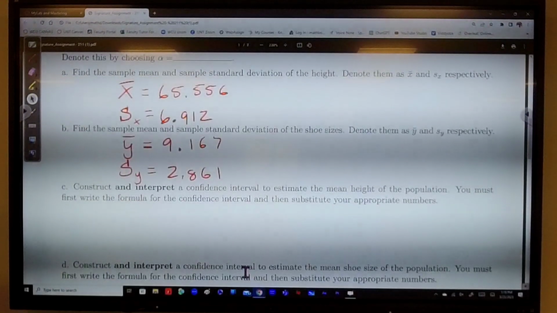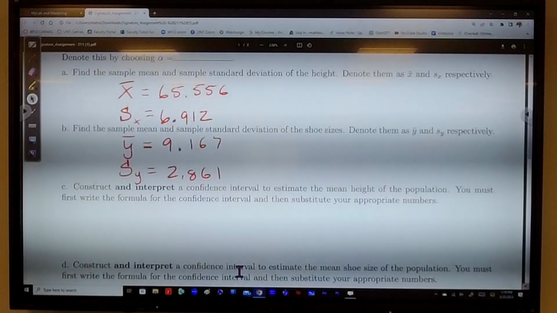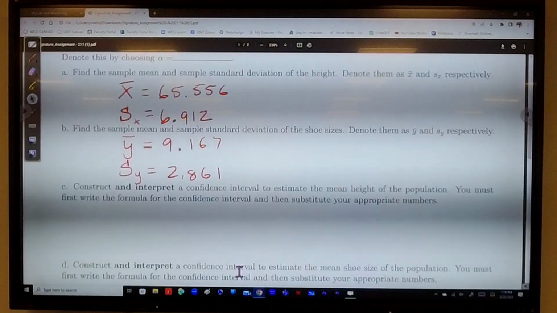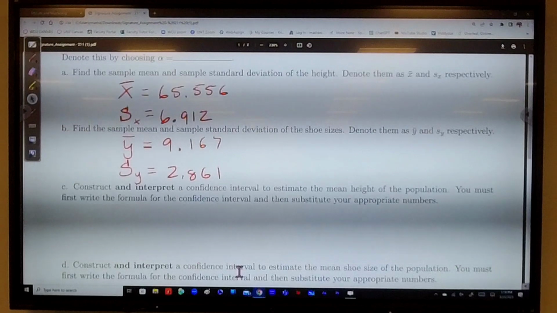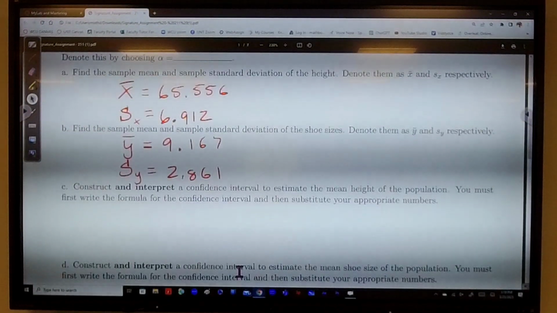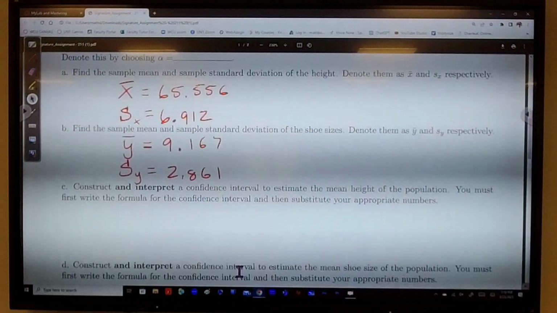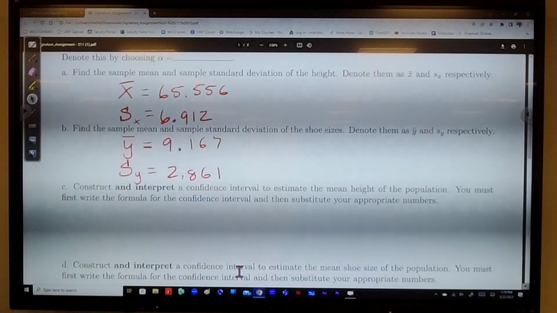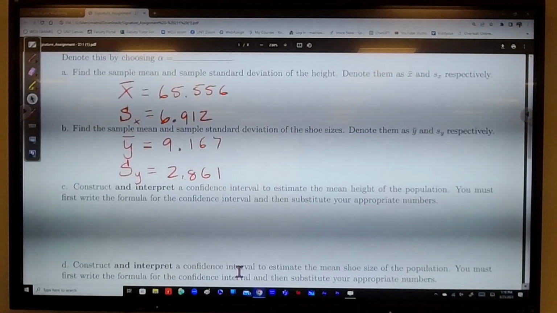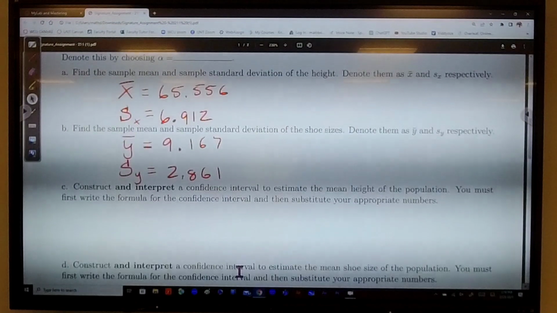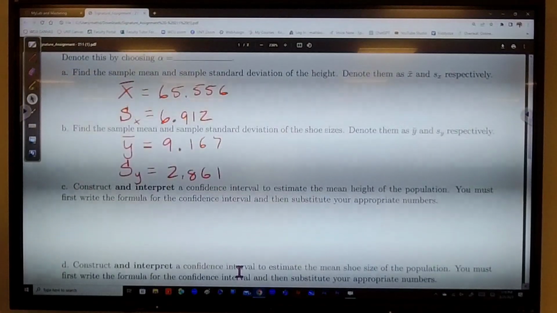Construct and interpret a confidence interval to estimate the mean height. So here's what I want you to do here.